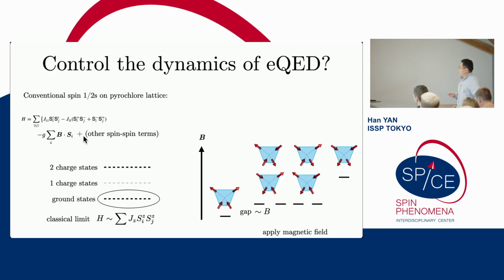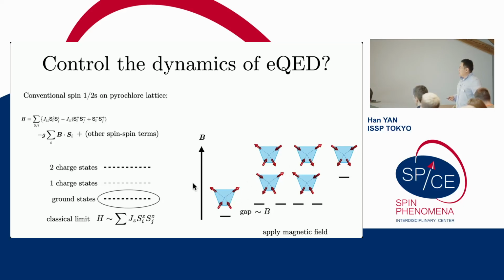However, in this conventional dipolar spin ice, the external field simply couples to all three components of your spin uniformly. And then you will find it actually doesn't help so much with tuning the dynamics of QED. The reason is that if you look at these 2-in, 2-out ground states, although it's 2-in, 2-out in the local basis, they actually have different global magnetization.